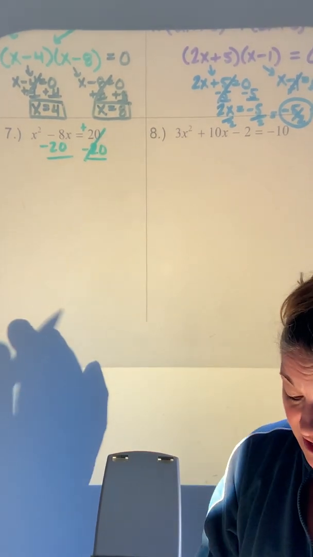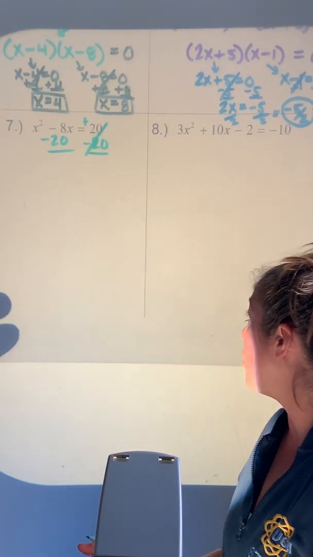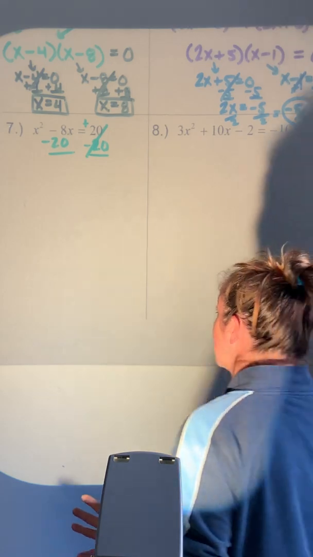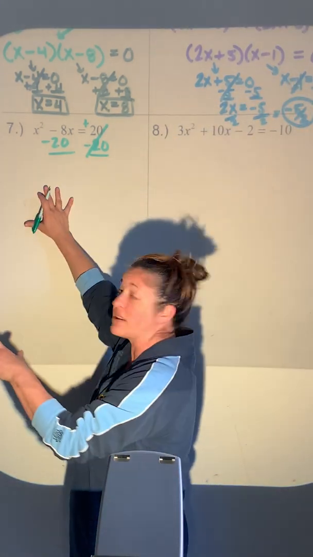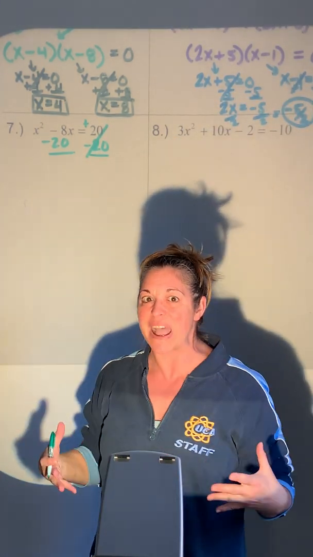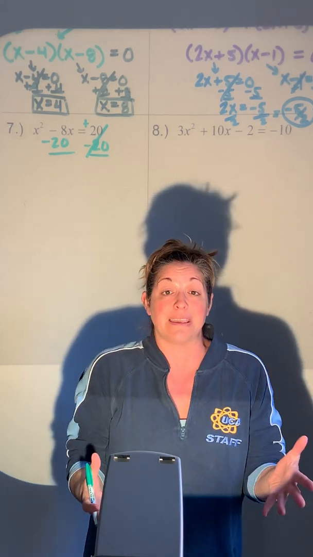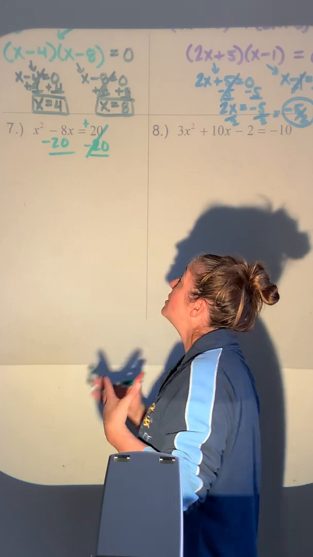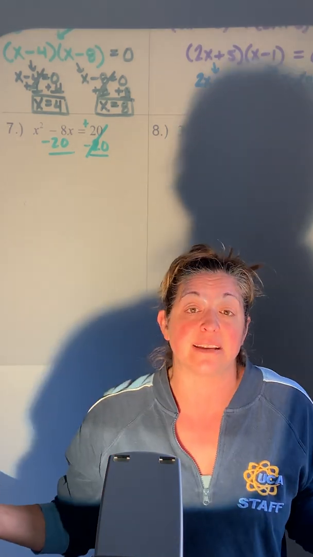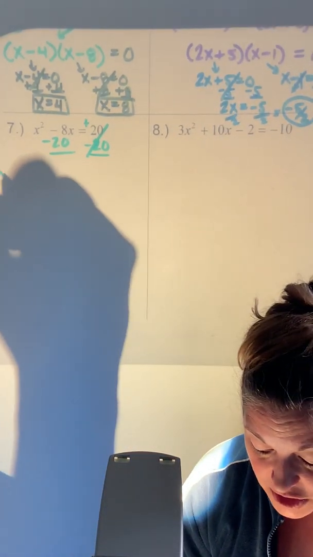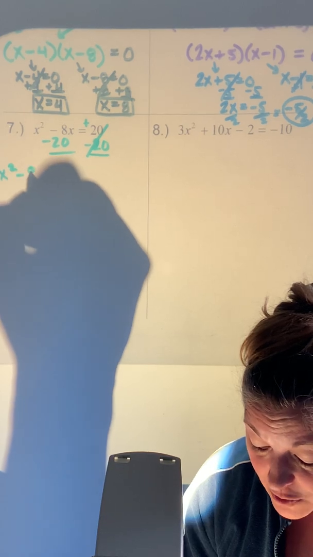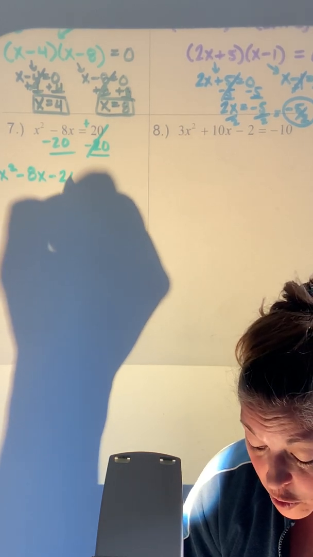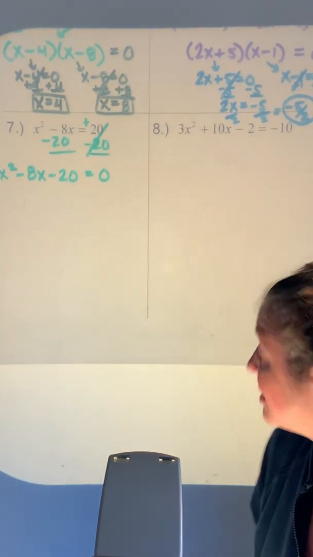Now when you move him, and this was important to remember the whole year, it's okay if you move something to the other side and it doesn't combine with anybody. That's okay. He's not like terms with an x squared. He's not like terms with a -8x. All right, let's just make sure we write them in that order to make sure they're in standard form and be done with it.